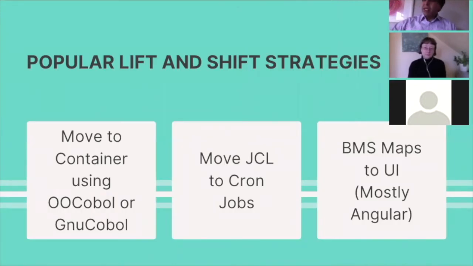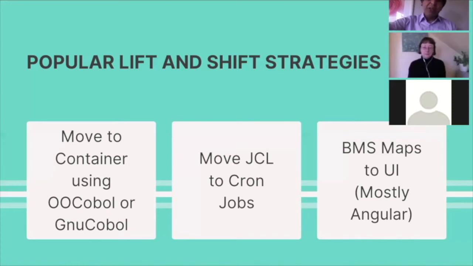Lift and shift incorporates what is out there in a modular approach, where your COBOL applications will be taken and use Open COBOL or GNU COBOL type compilers, either compiling them or using the source code itself, which can be run in a Linux environment. So you can move that into a containerized application, and that unit itself would work as it is in the cloud.